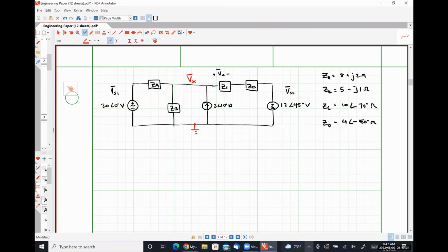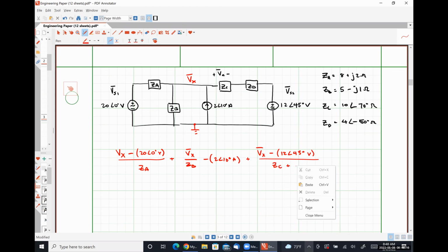If we applied Kirchhoff's current law at node X, we would have (Vx - 20∠0° volts)/ZA plus Vx/ZB minus 2∠10° amps plus (Vx - 12∠45° volts)/(ZC + ZD) equal to 0. Sorry, I forgot my unit there.